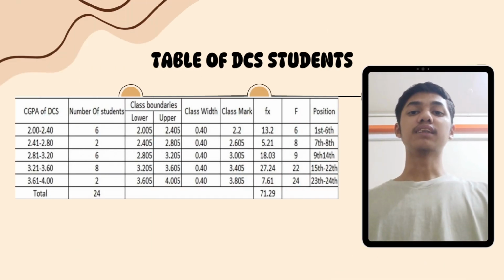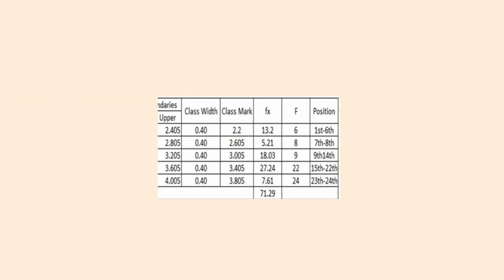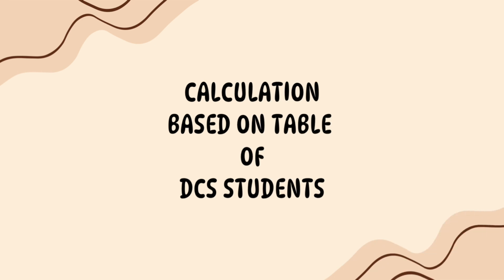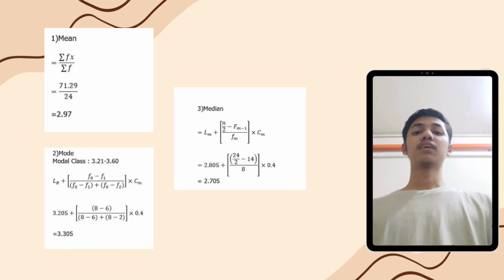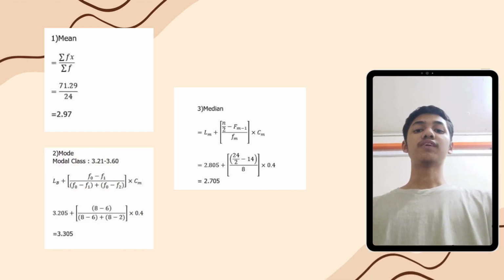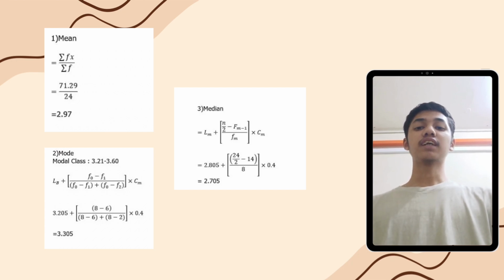And now, this is the table of DCS students. This is the calculation for the DCS students. The mean is 2.97. For the second one, mode, we got 3.305, and the third one is median, we got 2.705.